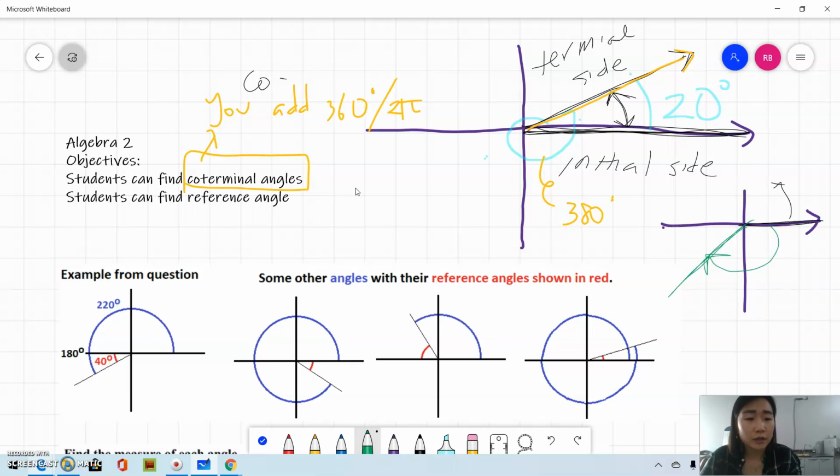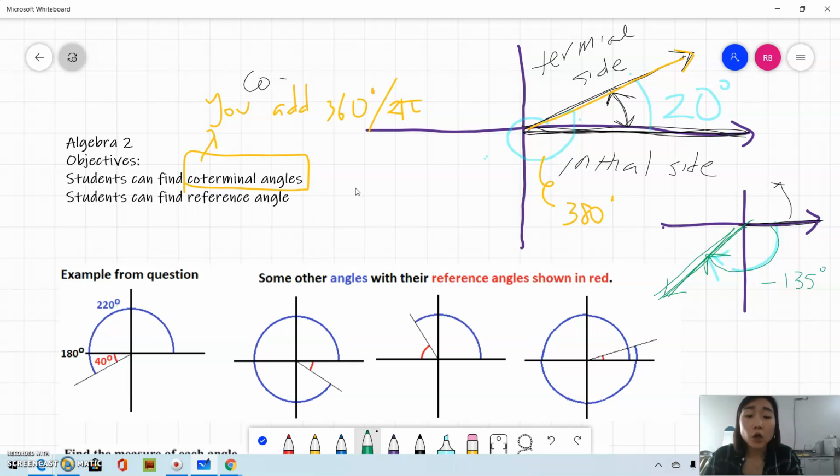So this angle right here has a coterminal side, but because my arrow goes clockwise, this is a negative angle. I will say this is negative 135 degrees. Negative angles mean that it went clockwise instead of counterclockwise. That's all that is.